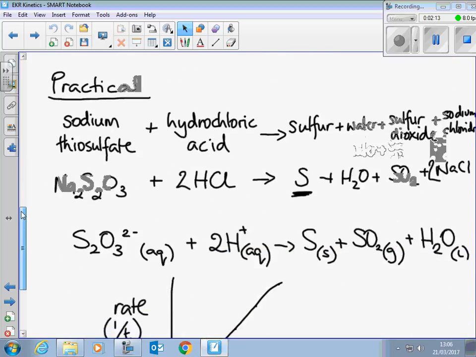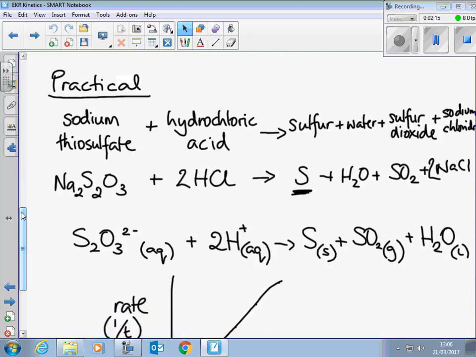And this was the overview of the actual reaction that you're going to be using, that you used last week. So you're looking at the thiosulfate ions and the hydrogen ions reacting. The sodium and the chloride don't actually take part very much. Sodium ions just stay as sodium ions, chloride ions just stay as chloride ions, whereas there are changes in the other parts.